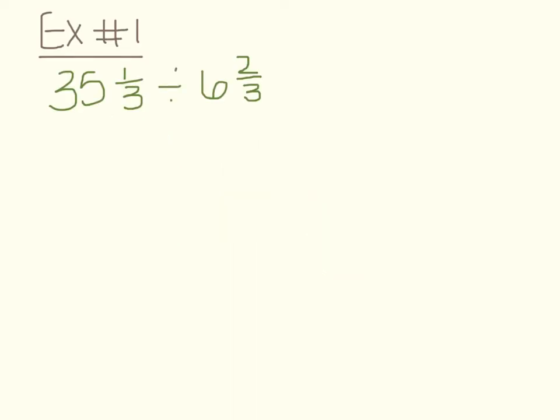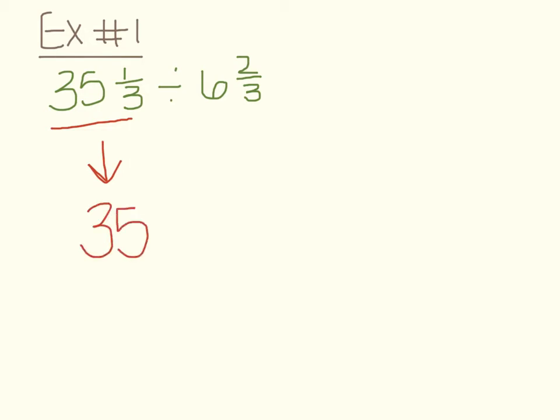Okay, example number 1. We have 35 1/3 divided by 6 2/3. Now you get to decide if you want to use rounding or compatible numbers. I think in this example we should use compatible numbers because I see this one, which I would change to 35.